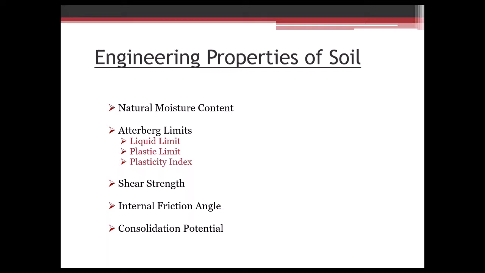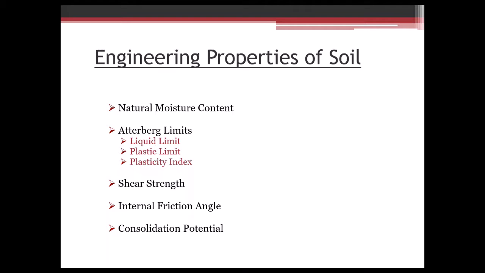If, based on the Atterberg limits, it doesn't look like it's going to settle outside the tolerances of that structure, it may not be worth going to the expense of doing the consolidation potential test because the cost is about 10 times what the Atterberg limit test is.